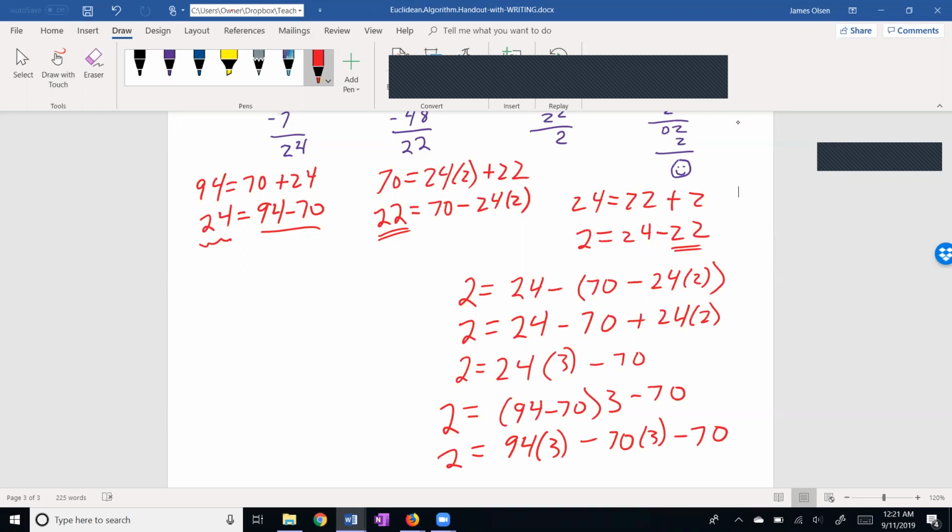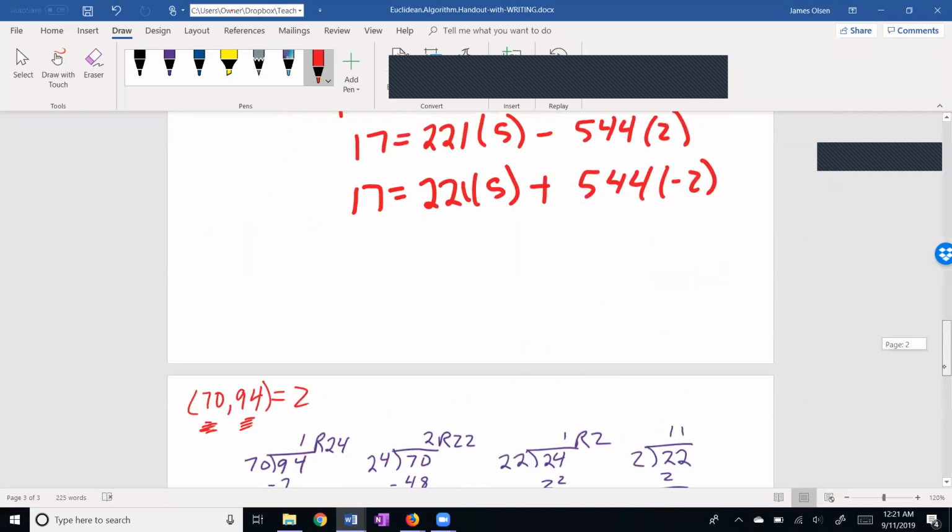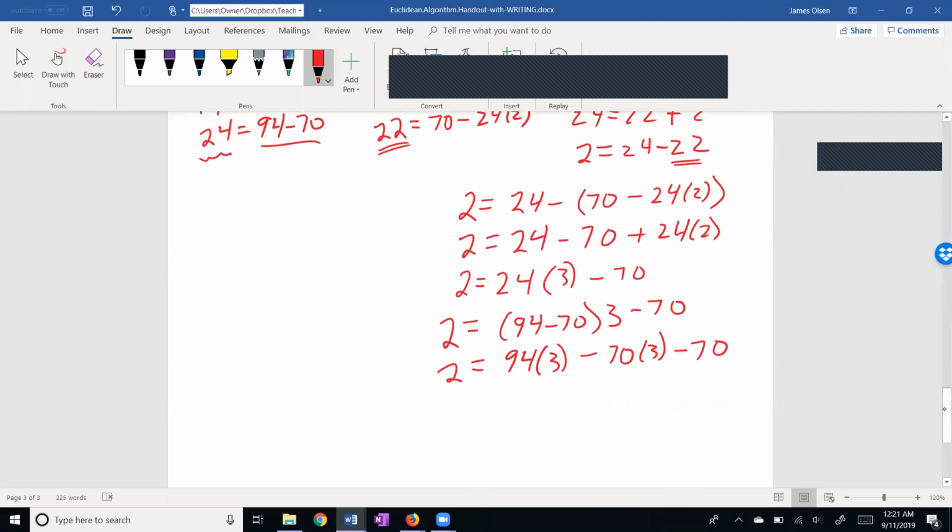So I have negative 3 copies of 70 minus another copy of 70, which gives me negative 4 copies of 70. And if you put that into a calculator, it does check. I have found a linear combination of 94 and 70 to give 2.